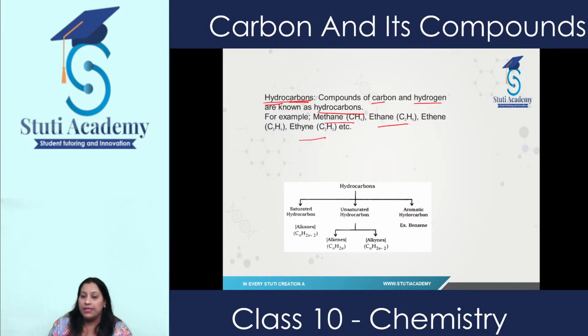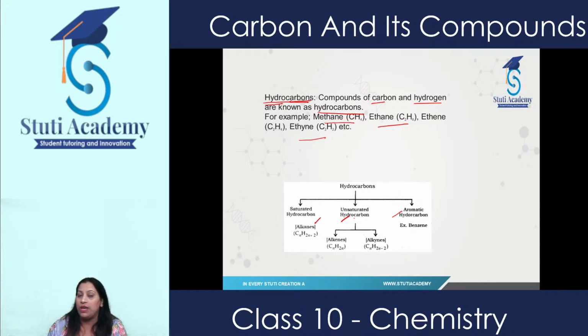And we classify these hydrocarbons into different categories: saturated, unsaturated and aromatic. We'll discuss these hydrocarbons one by one in detail. First is saturated hydrocarbon, then we have unsaturated, and finally aromatic.